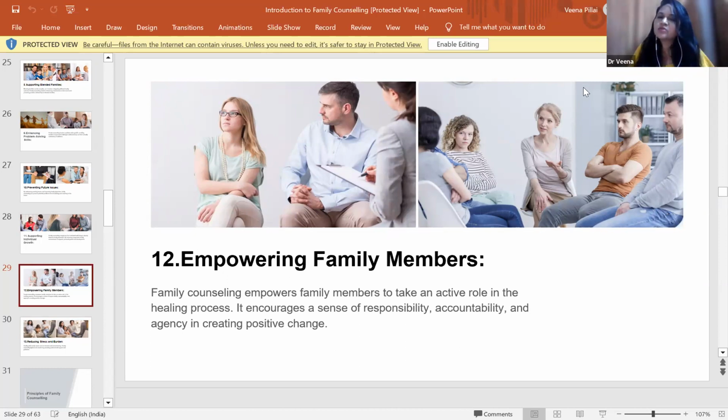So these family counselings will help people who are subjected to such discrimination, to empower them and to identify their active roles. And also it encourages a sense of responsibility, accountability and agency in creating positive change within the family.